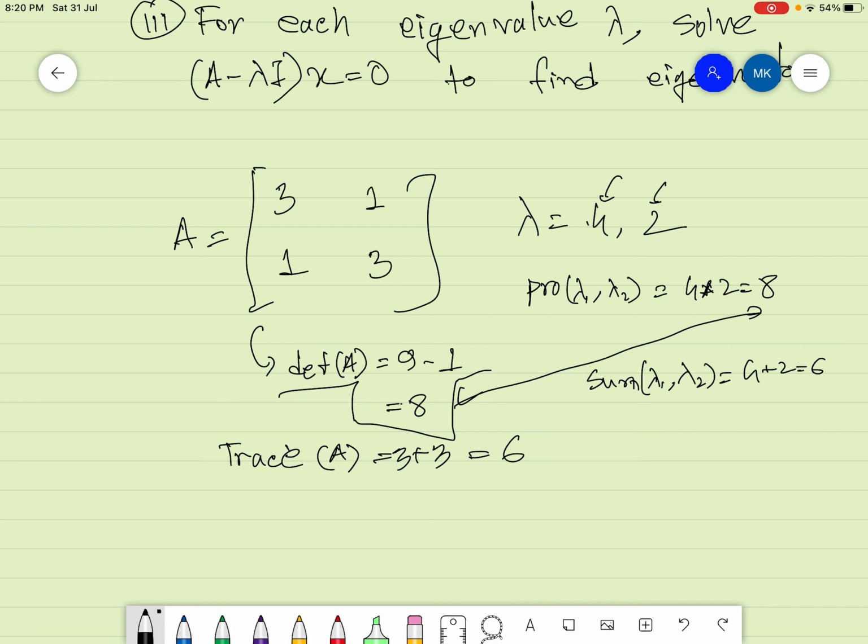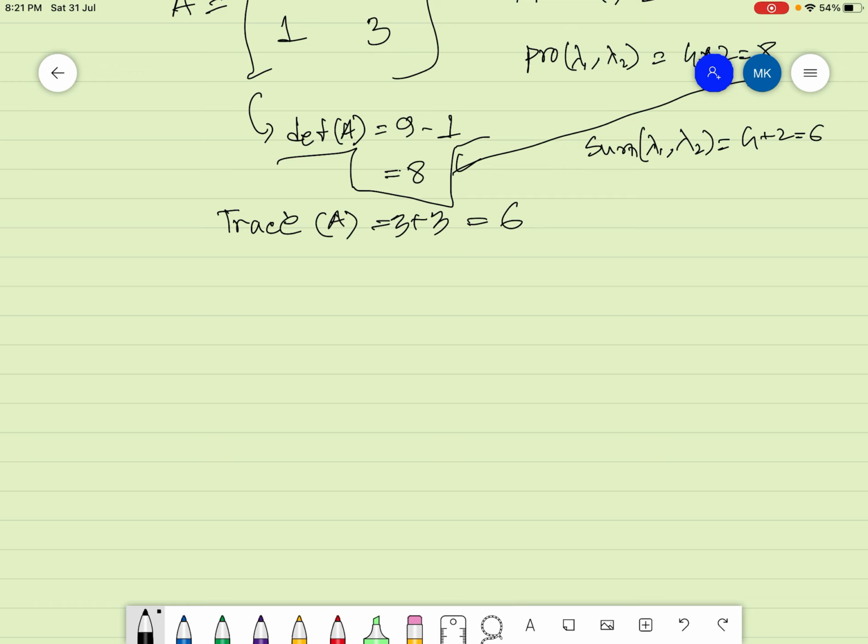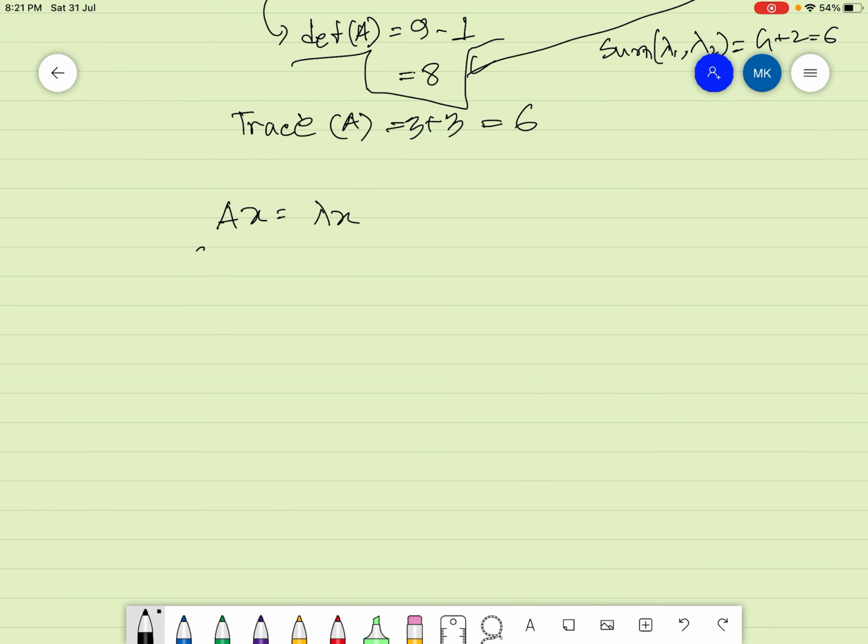So if I add something to a particular matrix, let's say you have Ax equals lambda x, and you add something to the matrix.